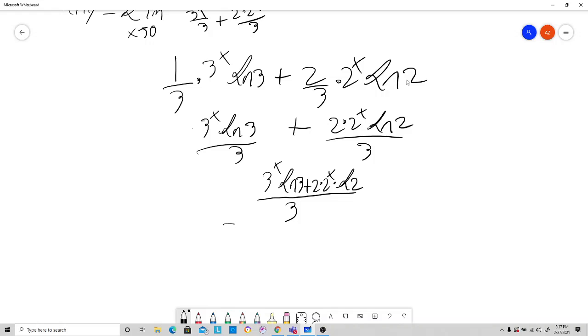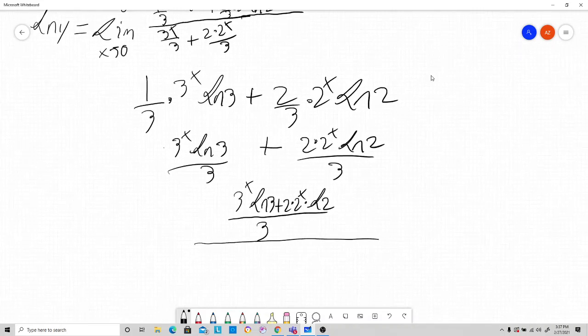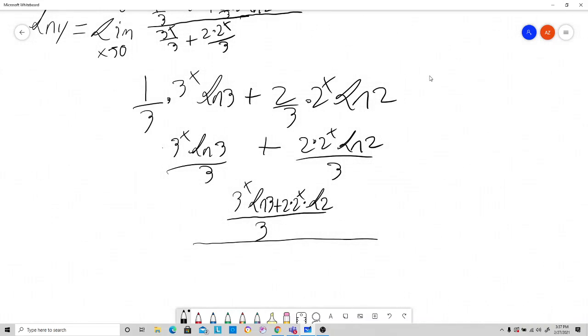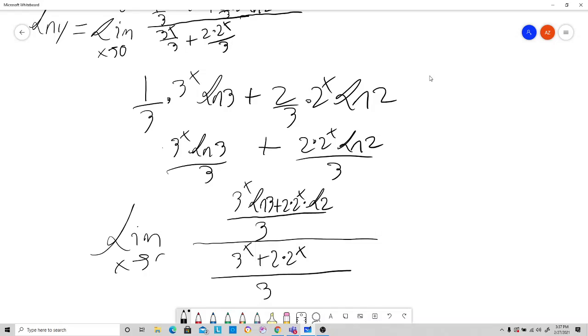And now we get to simplify the denominator, and that will just be 3 over 3^x plus 2 times 2^x. And let's not forget the limit as x approaches 0 from the right.